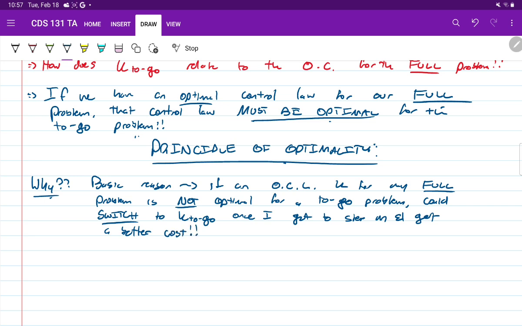So the basic idea is that this principle of optimality says, okay, if I want to find an optimal control law for my entire optimal control problem, then that optimal control law also needs to be optimal for each single one of these to-go problems. Because if it wasn't, then I could just switch to K to go, and then I can get a better overall cost, which means that my original proposed optimal controller wasn't optimal. Okay? So if this wasn't true, we would get some contradictions arising.